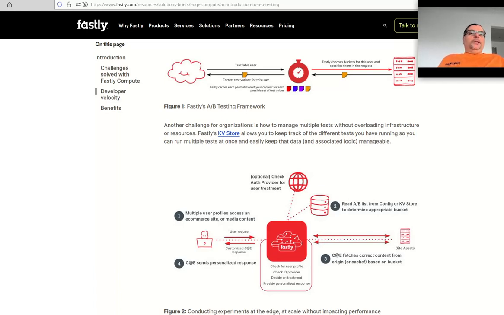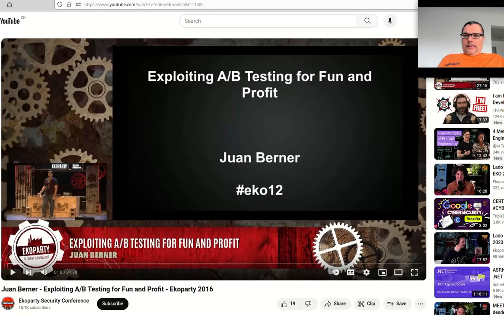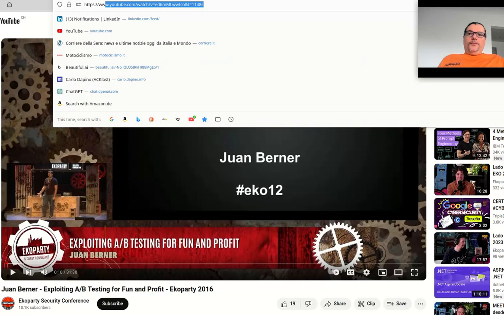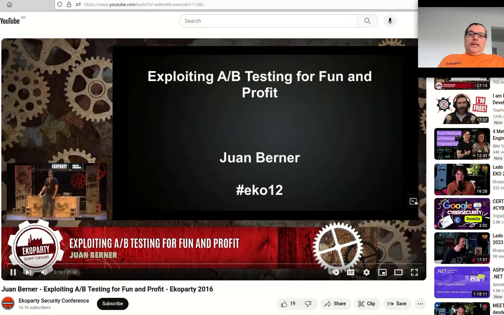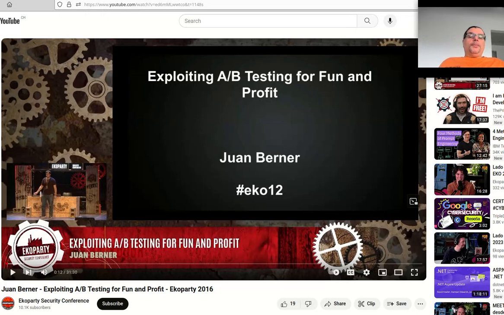Now, there was a really interesting talk that I remember seeing in 2016 about A/B testing. So refer to this link, because it's extremely interesting. It talks about a newspaper that decided the headline of the article based on certain criteria, and it got exploited to always serve the favorite article.